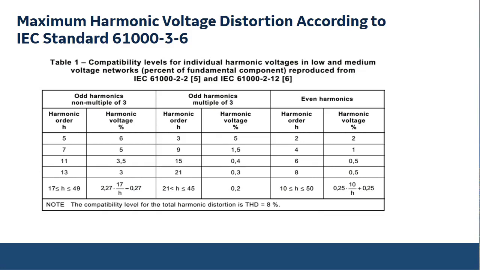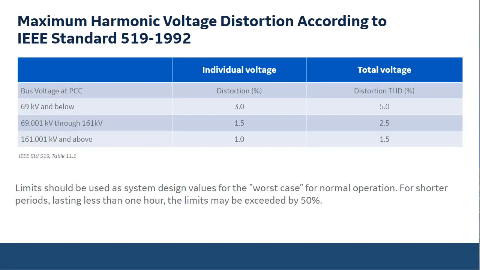And then, of course, we have a similar table for the IEEE standard, the IEEE world. In here, it's just a little bit different compared to the IEC world. In here, we have a little bit lower distortion percentage, and also it is different at different voltages. But the idea behind both of these is the same.